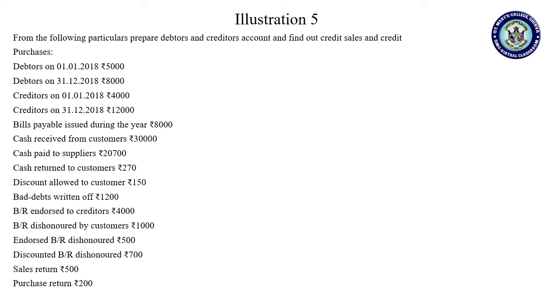Creditor is my liability, so opening balance is always the credit balance. Trial balance rule, credit means liability or income. So it is by balance brought down. Creditors account always starts with by balance brought down and ends with the debit balance, to balance carried down.